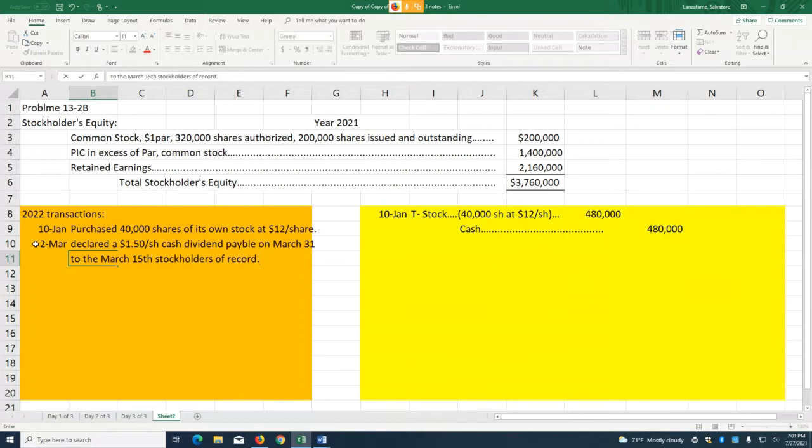So this gets into the stuff we did last week when we were talking about cash dividends. Declared $1.50 per share cash dividend.